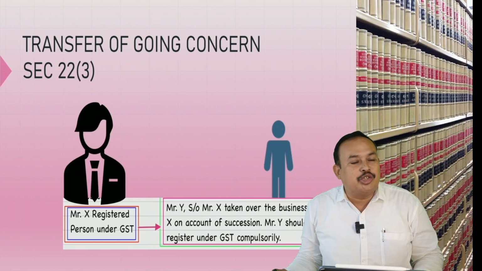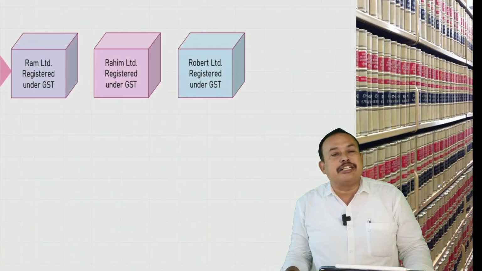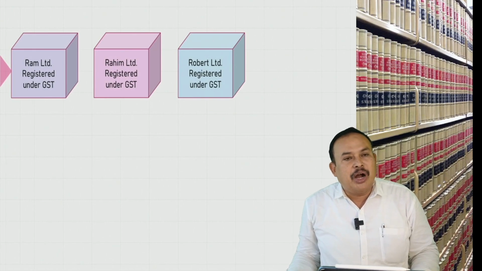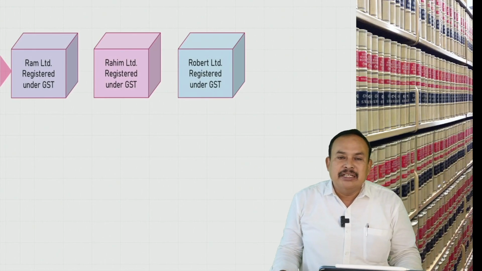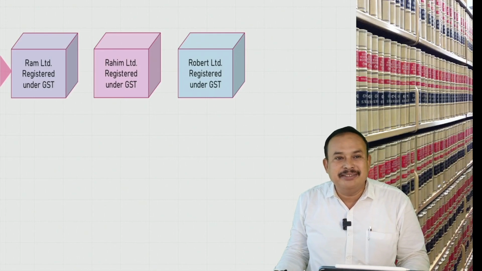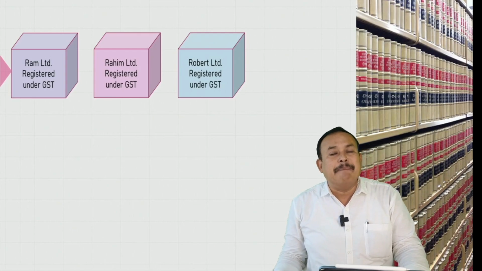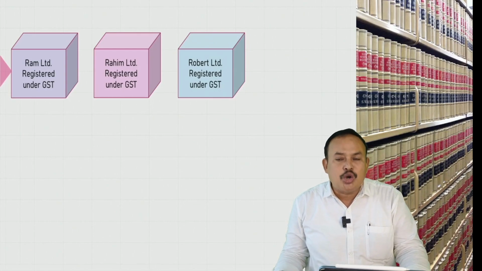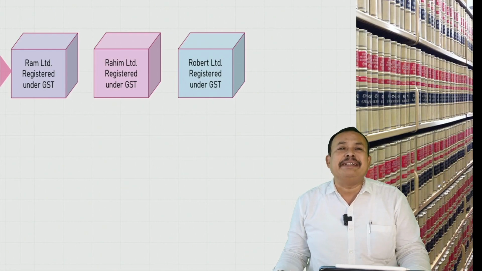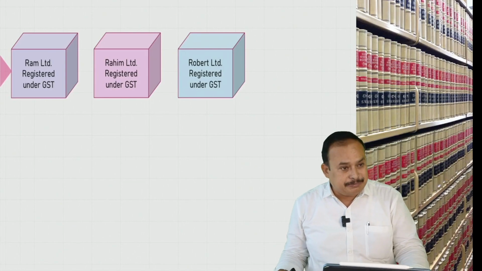Further, section 22, subsection 4. How is registration mandatory? Look here. In the case of amalgamation, you know amalgamation? Look on the screen. There are 3 registered companies: Ram Limited, Rahim Limited, Robert Limited. These are 3 different companies. They are registered persons under GST.